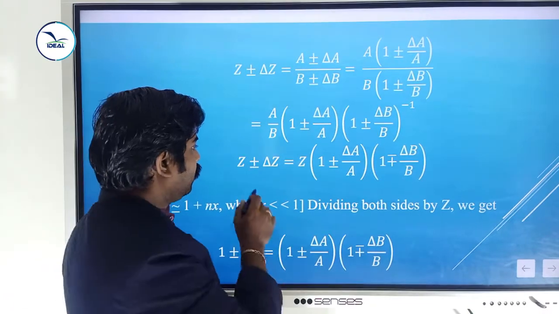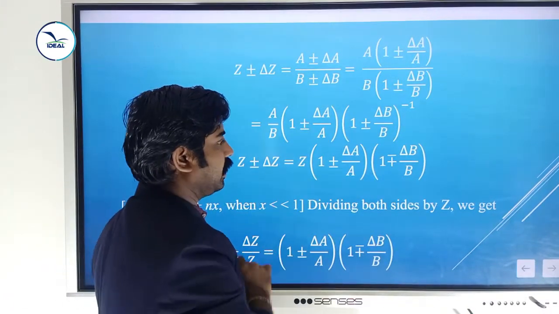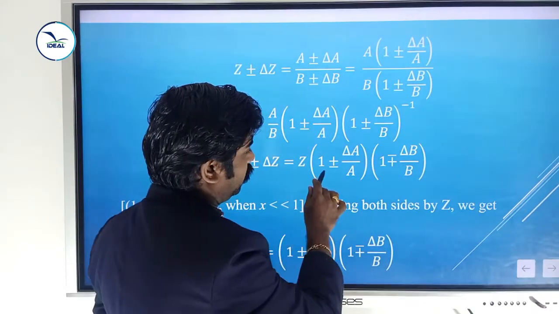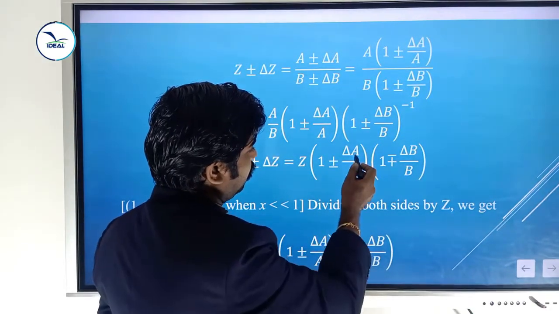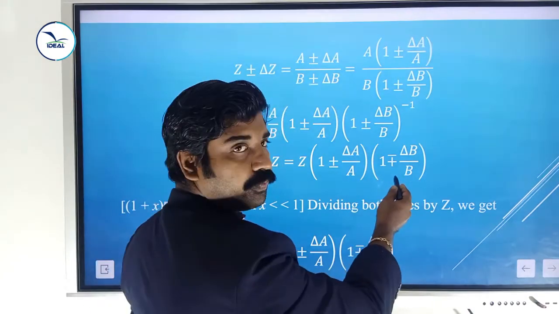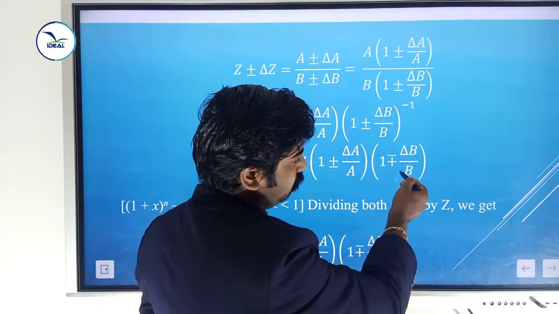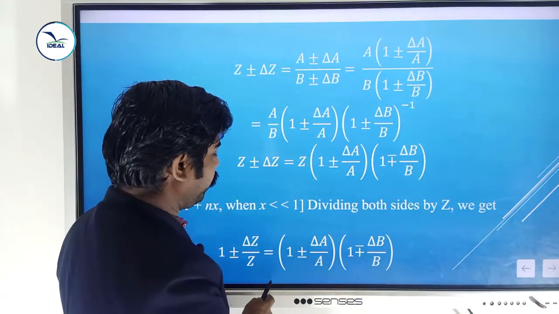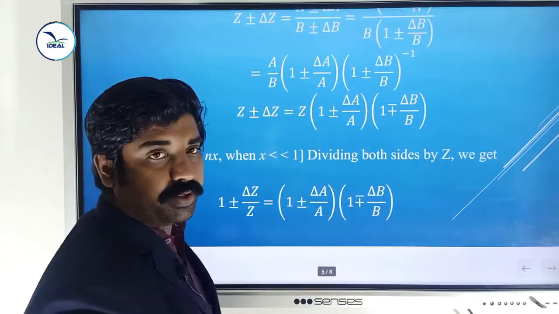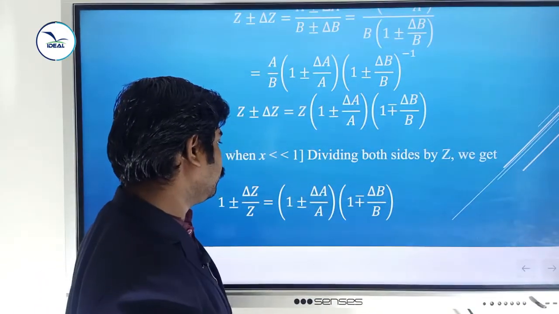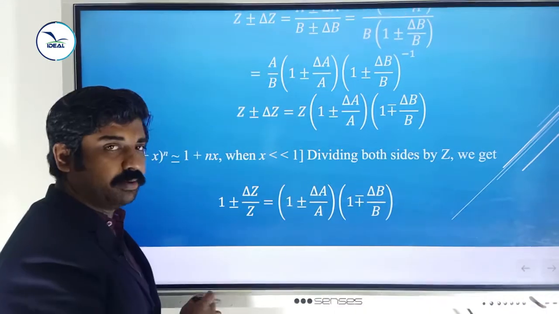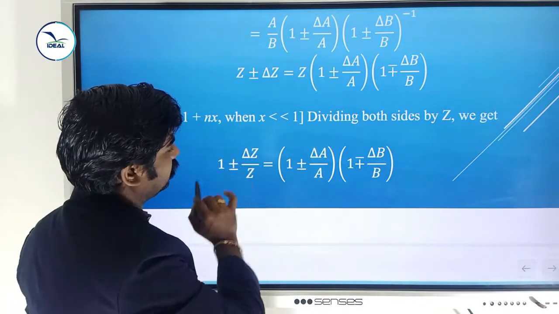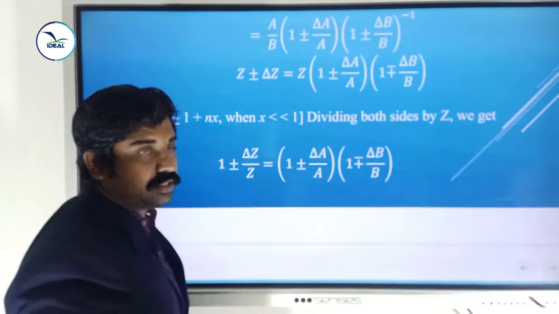Okay, so the total equation: Z plus or minus delta Z is equal to Z into, because A by B is Z, 1 plus or minus delta A by A into 1 minus or plus delta B by B. Then we can divide this equation on both sides by Z. So we will get 1 plus or minus delta Z by Z, because here also a Z is there, so Z by Z is 1.